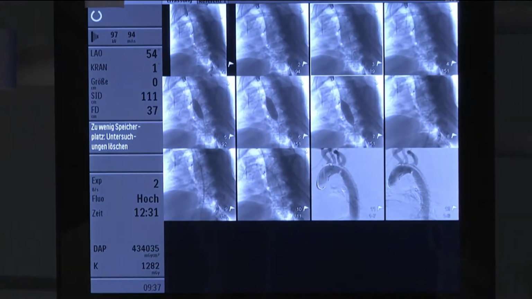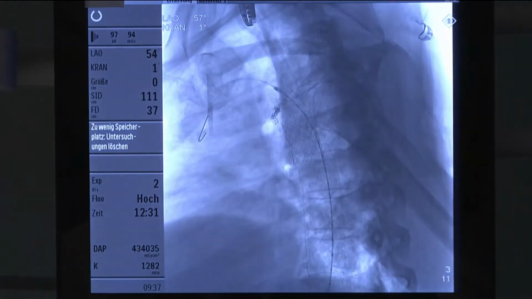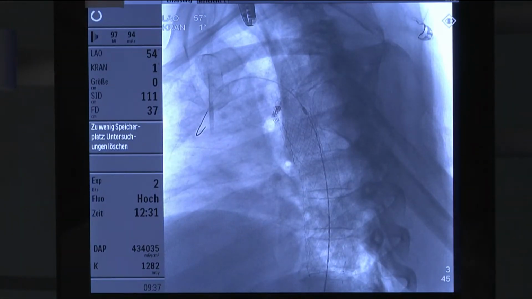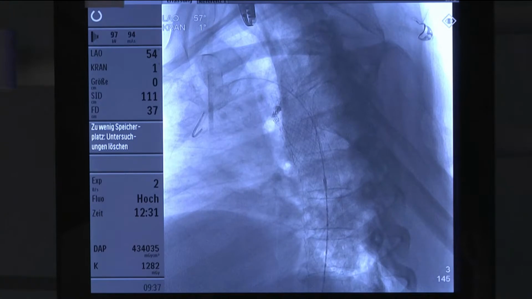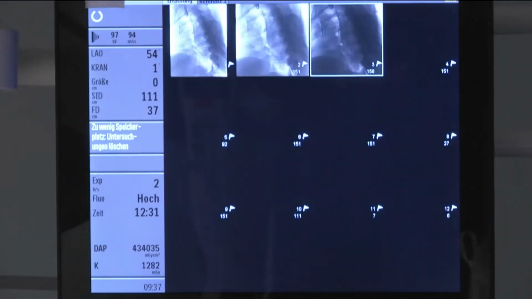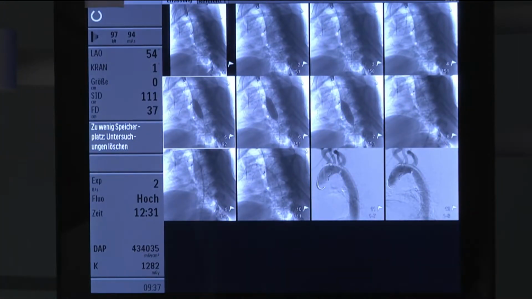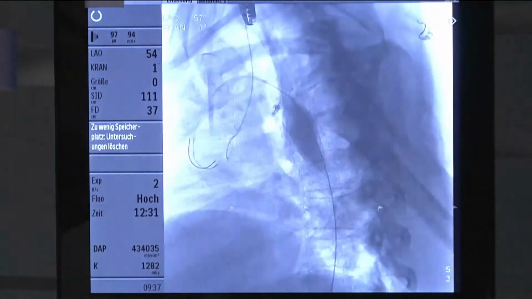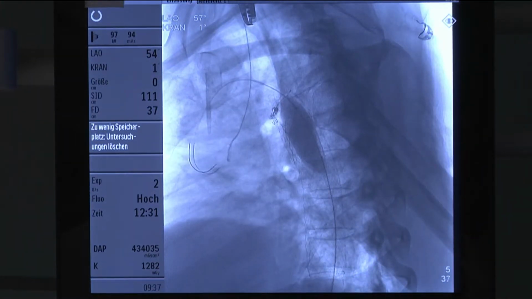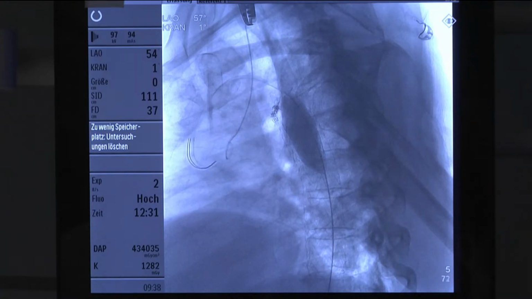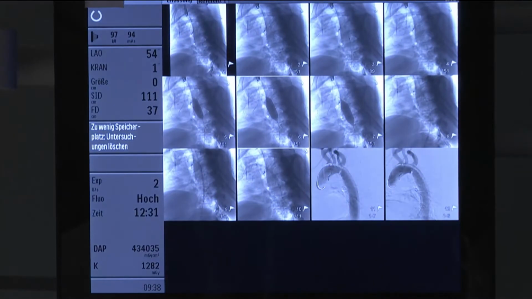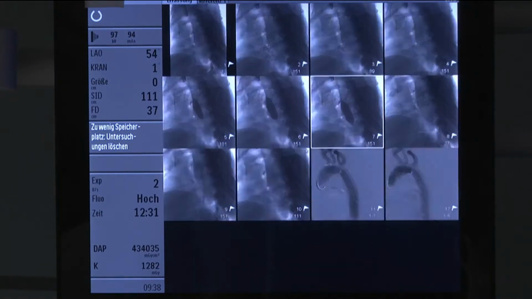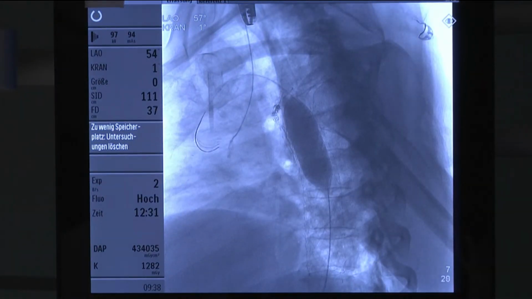And after that, when we had the Lunderquist wire inside, we used the endovascular ultrasound catheter to verify that we're in the right position inside the Palmaz stent. We then used a maxi balloon to dilate the Palmaz stent to its full diameter of 25 millimeters because we don't want to have this mismatch between the 28 millimeter prosthesis and the Palmaz stent.